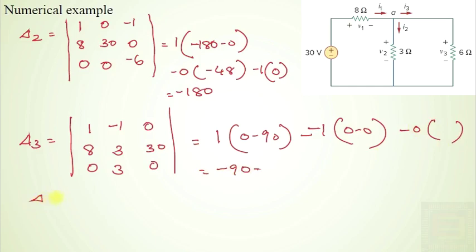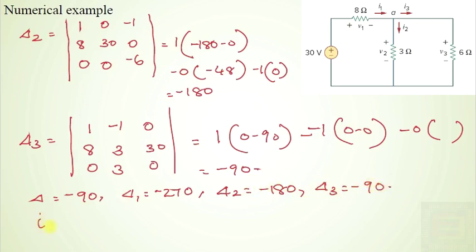So we have delta equal to minus 90, delta 1 equal to minus 270, delta 2 equal to minus 180, delta 3 equal to minus 90. According to Cramer's rule, I1 is equal to delta 1 by delta, that is minus 270 divided by minus 90, equal to 3 ampere.